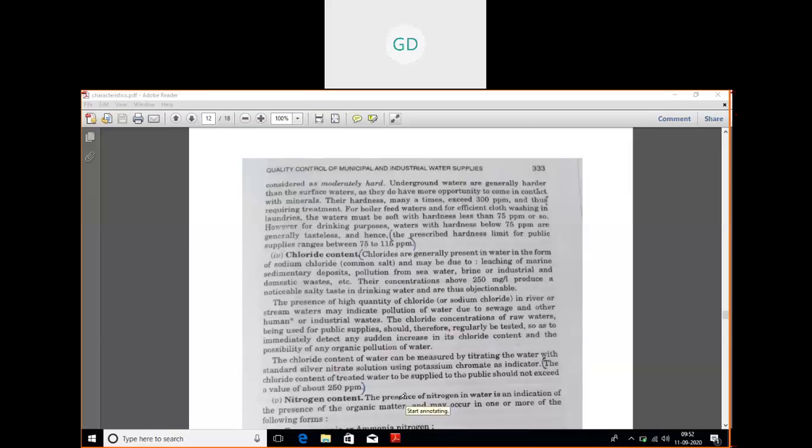Whenever chloride is present in a river or any stream waters, you can say that the water is polluted due to sewage and other industrial waste. And the value should not exceed your 250 ppm. So that is your permissible limit for the chloride content. Clear?